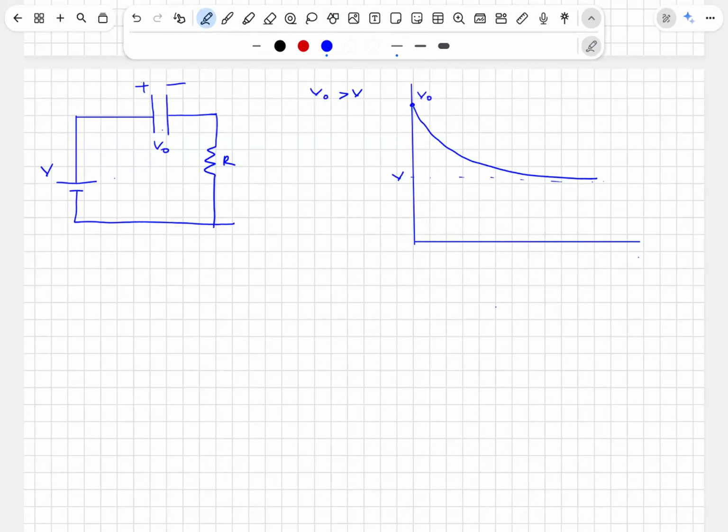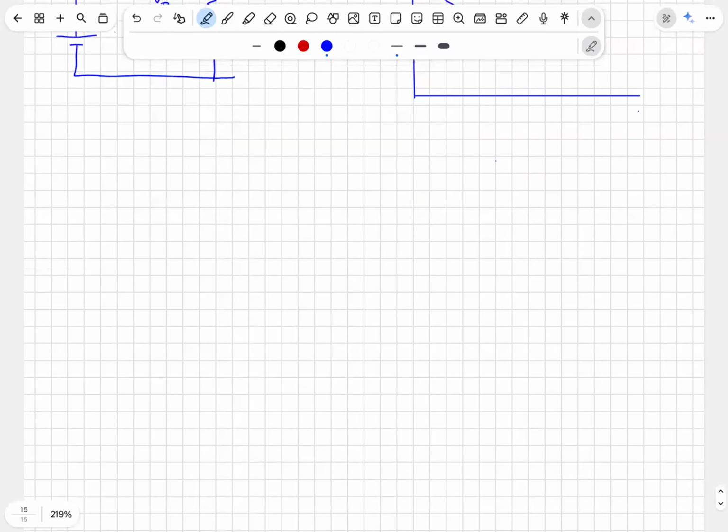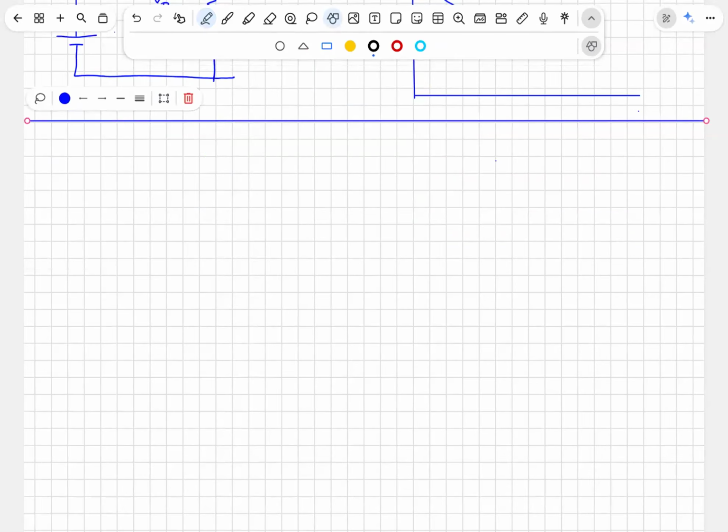So it won't discharge further. There are three different cases. Any doubts? Right. One more case. I've shown you three different cases actually.